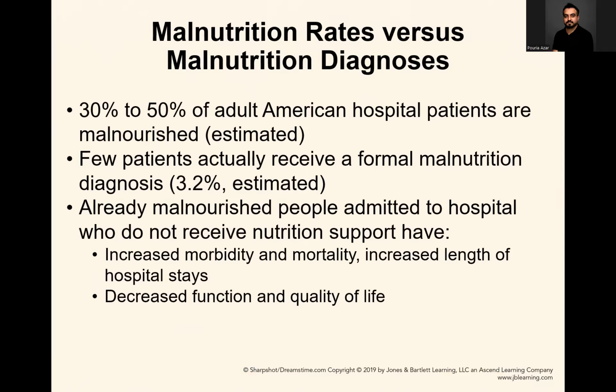Again, we have some numbers here. You don't need to memorize them, but it's good to know. 30 to 50% of adult American hospital patients are malnourished. This is estimated, so we don't have an exact number, but based on the estimates, this is a high rate, just like the rates of obesity and chronic diseases in the US. And these numbers are in the US, so pay close attention to these statements.